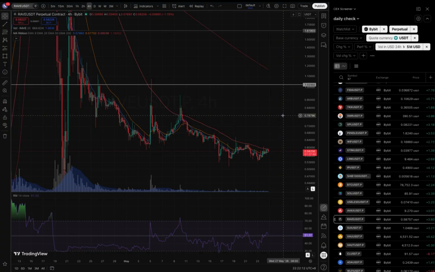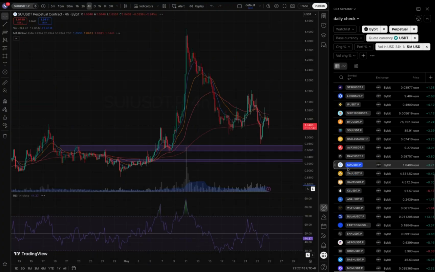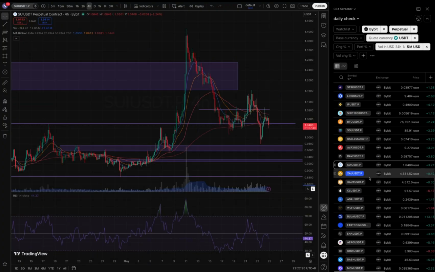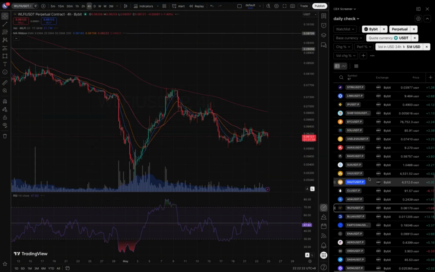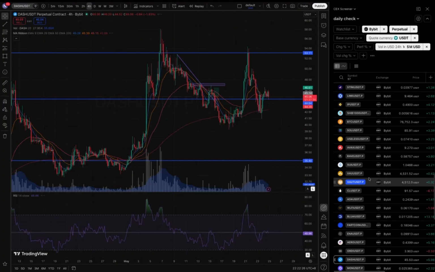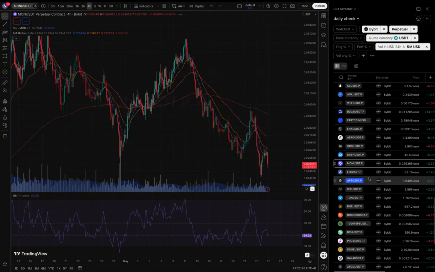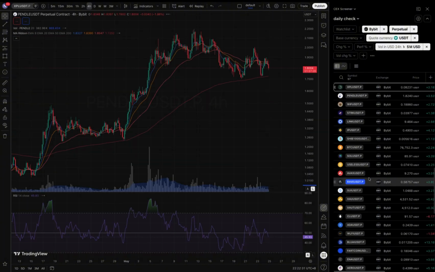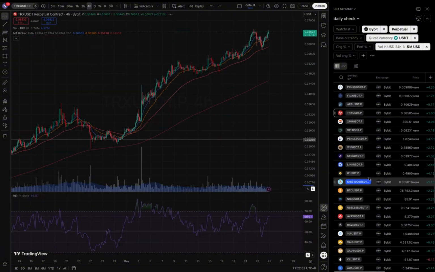Delete this. It's trying to make its way up again, but we have to wait for more price action. So as of now, I haven't seen any coin that I could trade. None other than Monero.